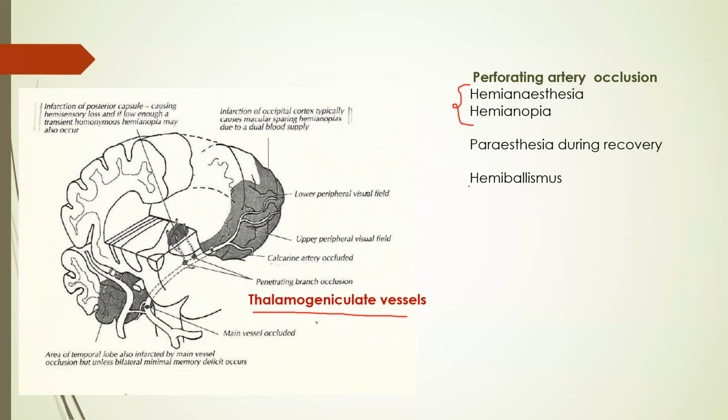When the lesion affects the upper part of the midbrain, it may cause hemiballismus. Hemiballismus, the flinging involuntary movement of the upper limb, is probably the only involuntary movement that occurs secondary to a vascular event. So the perforating artery has a characteristic involvement.